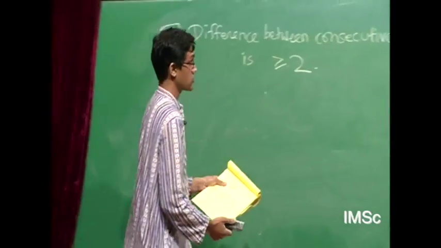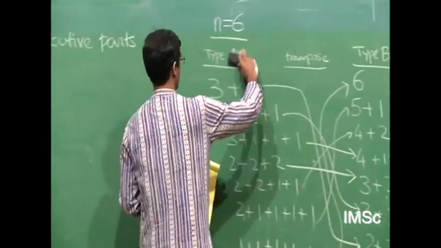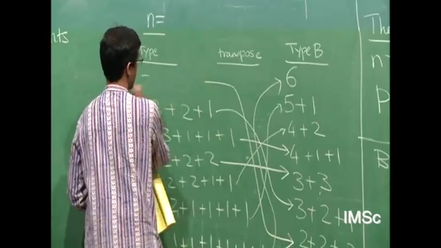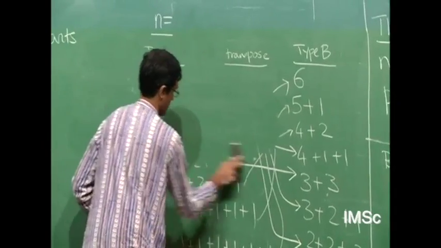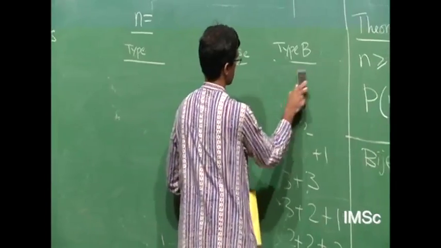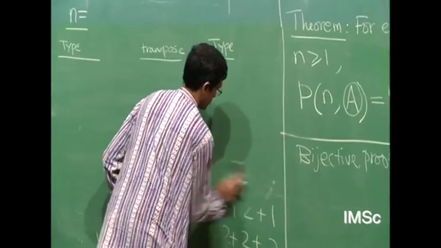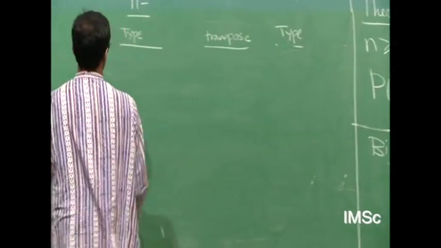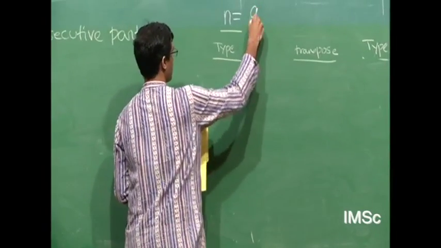So what's an example? So let's do this again. Type C, and I need n to be somewhat large for this to make sense. So let me do n equals 9.